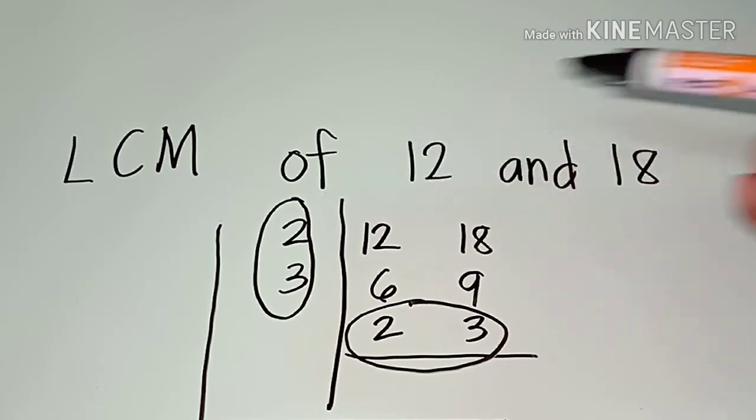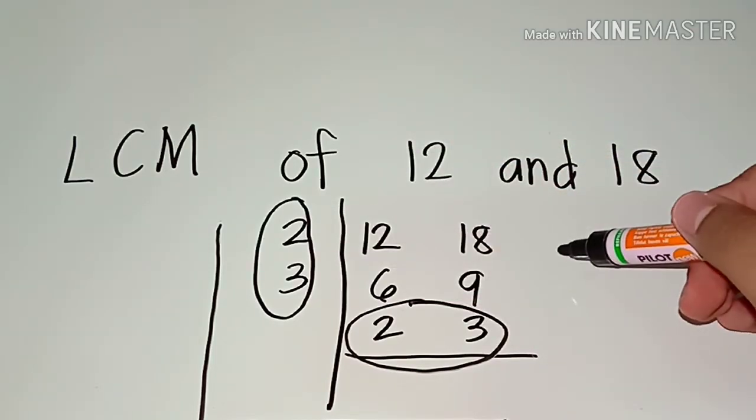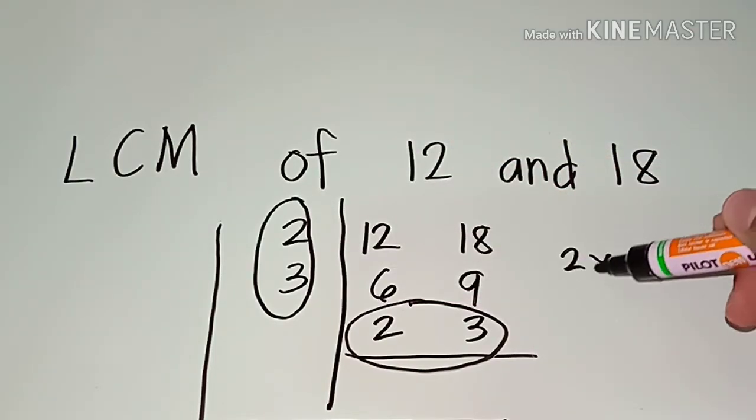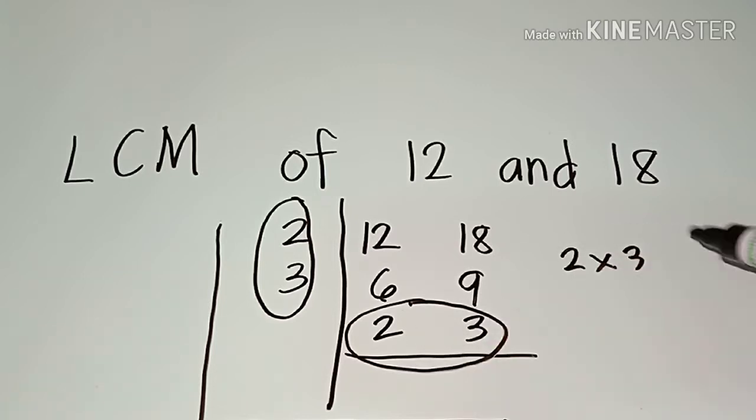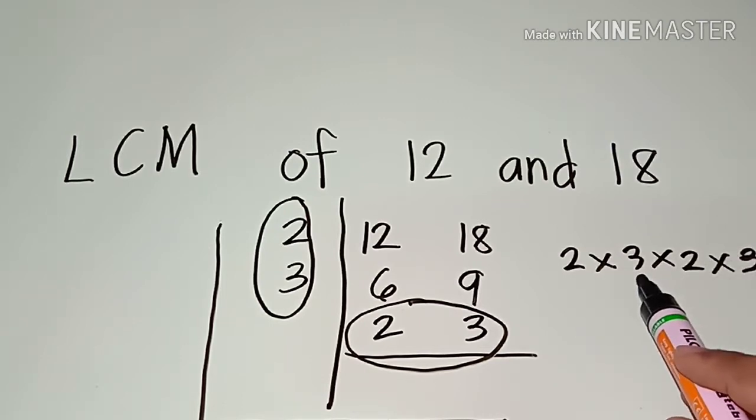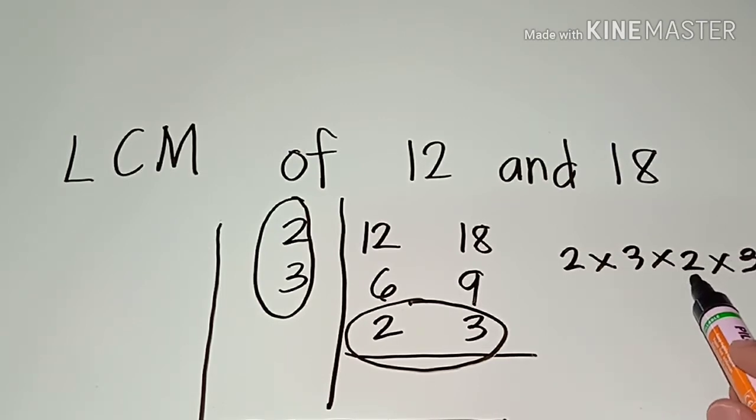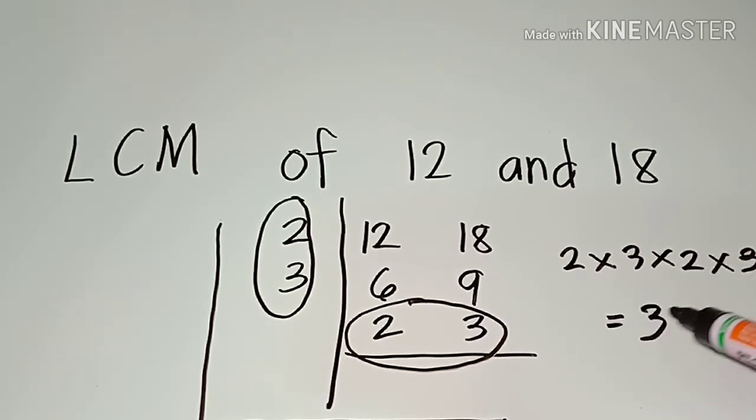That means you will have 2 times 3 times 2 times 3. 2 times 3 is 6, times 2 is 12, times 3 is equal to 36.